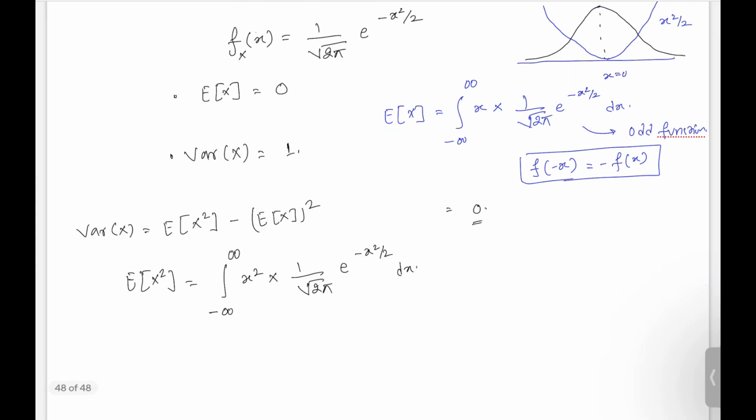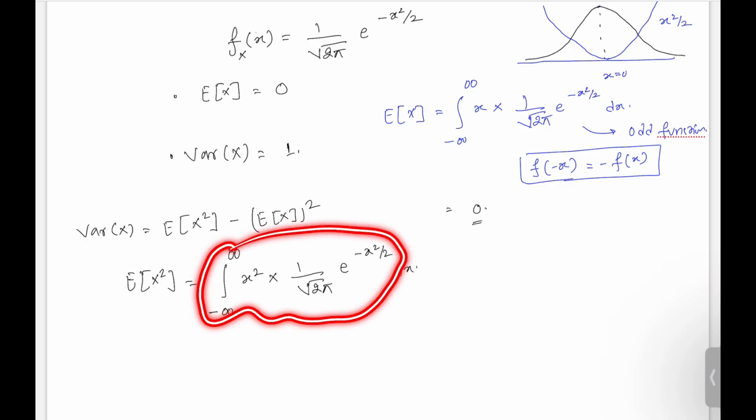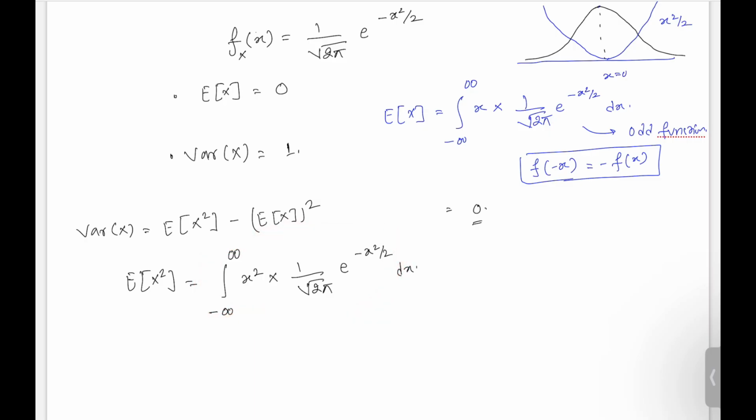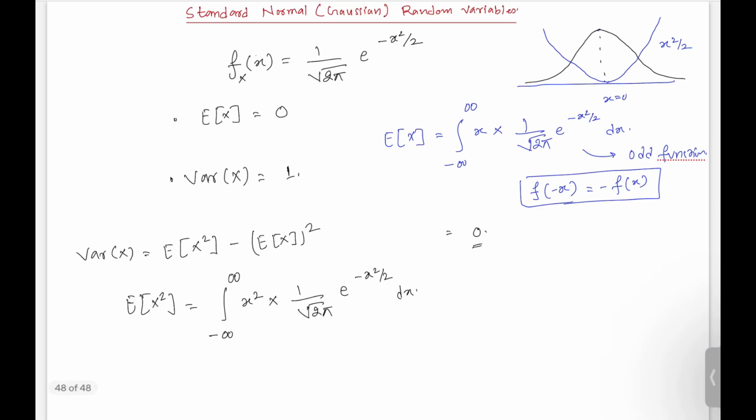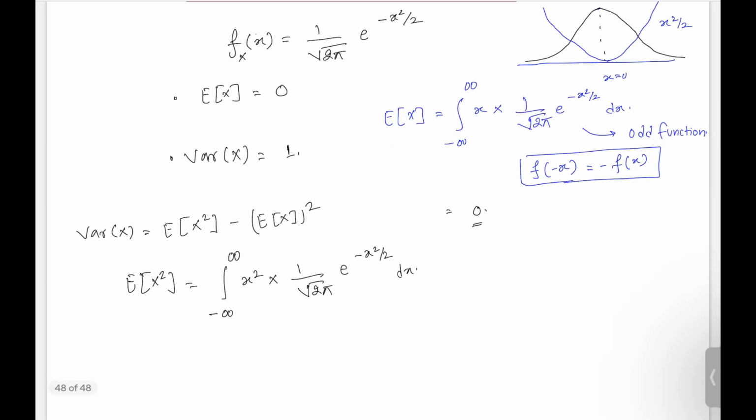You can find an integral of this kind using integration by parts, but it is better to remember a few results, and those results will always help you to find this kind of complex integration.